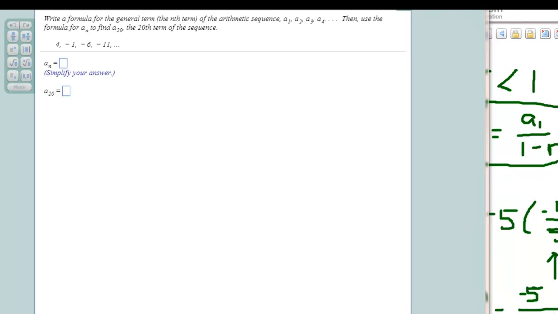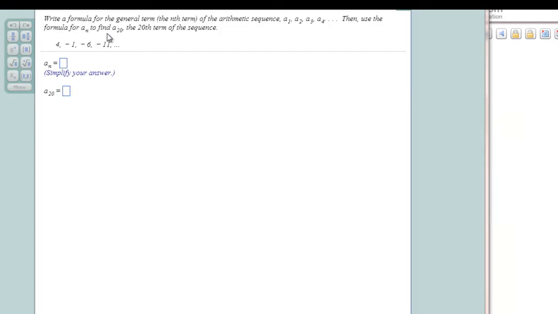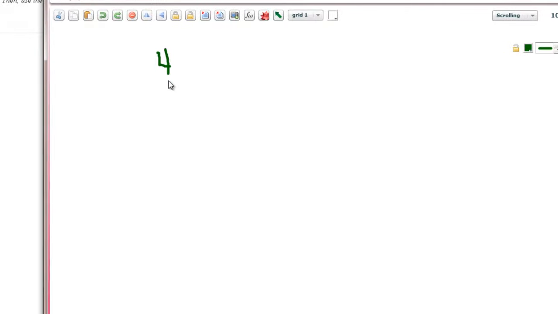Next question here. This one says write a formula for the general form for this sequence here. So let's think about that. We have 4, negative 1, negative 6, negative 11, and so on. This one's a little different than the last one that we dealt with. This one looks like it's consistently being subtracted by 5.